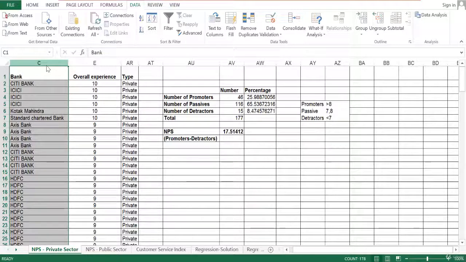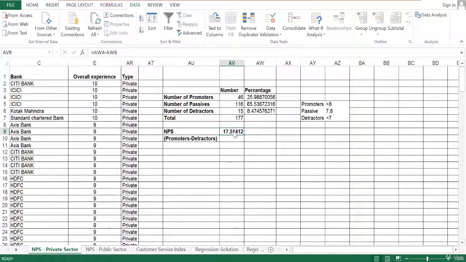So we have taken the other 178. Again we calculate the number of promoters, passives and detractors in the same way. The percentages are calculated as 46 upon 177, 116 upon 177, and 15 upon 177. The net promoter score is the percentage of promoters minus the percentage of detractors.